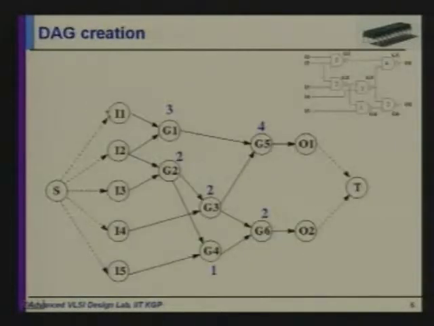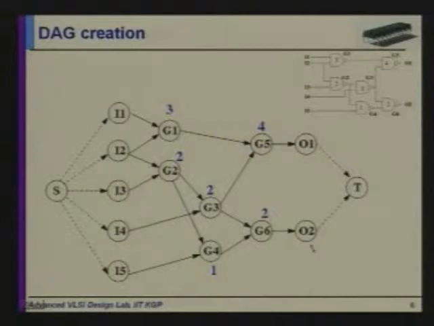So see the graph. This is the node for gate G1. This is the node for input I1. All these are inputs. The Gs are the gates. These are the outputs O. In addition, I have added two nodes, S and T. S is the source node, T is the target node.